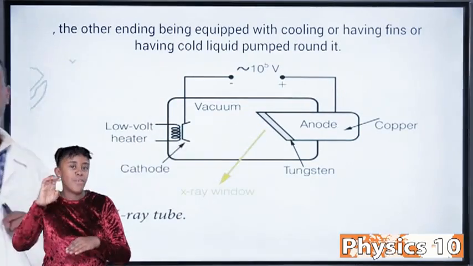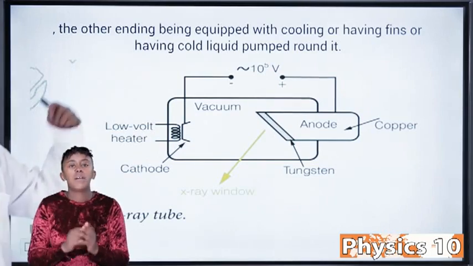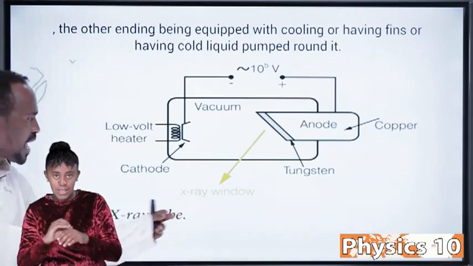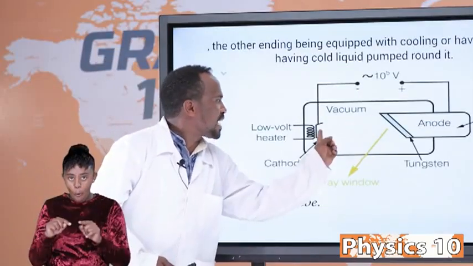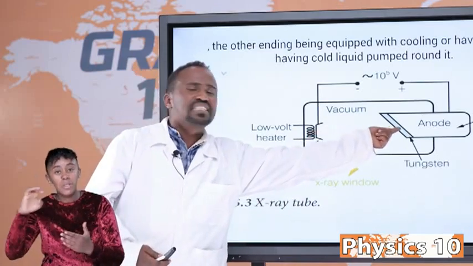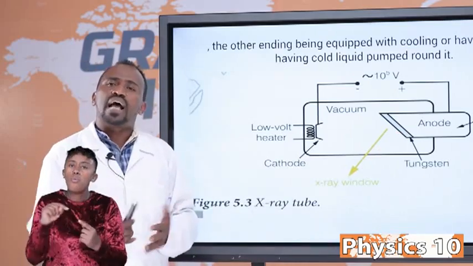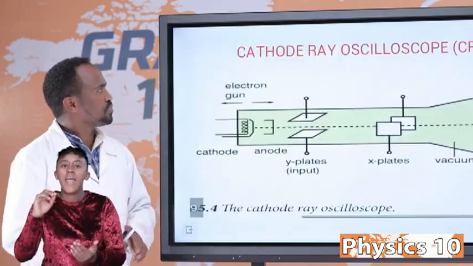After the anode is struck by electrons emitted from the cathode surface, it produces what? X-rays. This is the X-ray window. Electrons start from this cathode surface and strike this anode with high energy. This is how X-rays are formed.